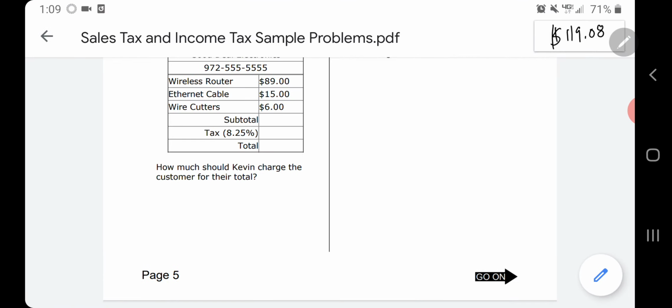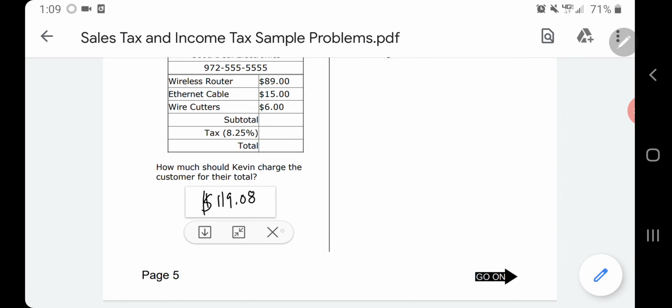So there's our answer right there. It will not let me grab. But there's our answer right there. Oh, there we go. $119.08. All right, almost done, guys.